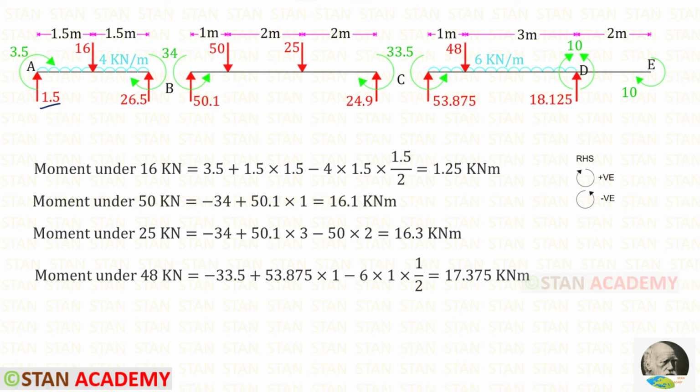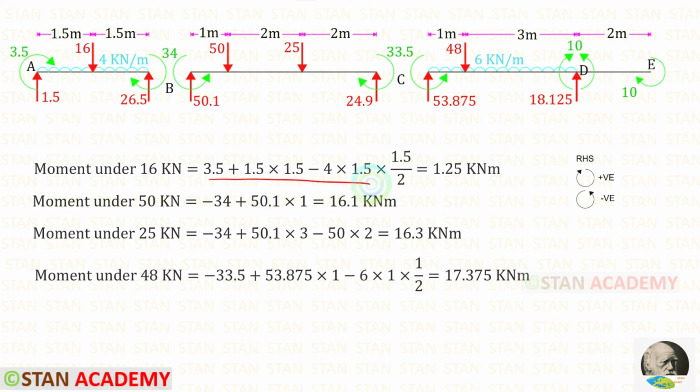This reaction is acting in the clockwise direction so that it will be positive and the distance is 1.5. The UDL is acting in the anti-clockwise direction so that it will be negative. With the UDL, we have to multiply the distance and distance by 2.